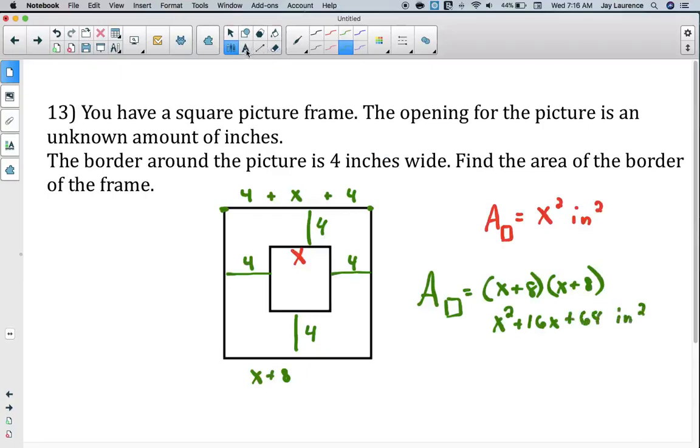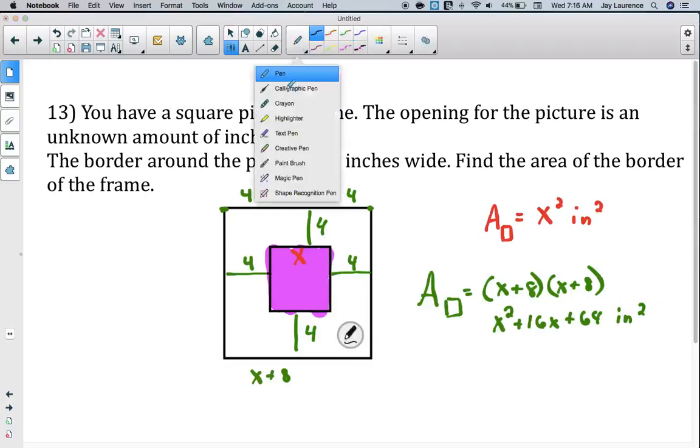Now, it's a picture frame. So this part here is open, right? Because that's where the picture has to go. So there's no material there. The frame is not included there. It's as if that hole has been cut out.